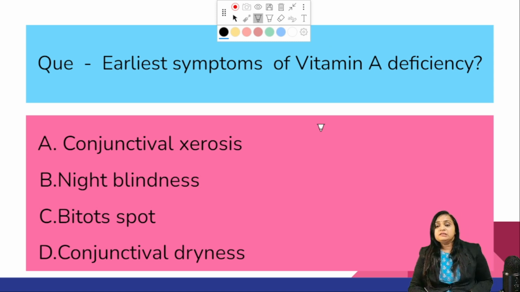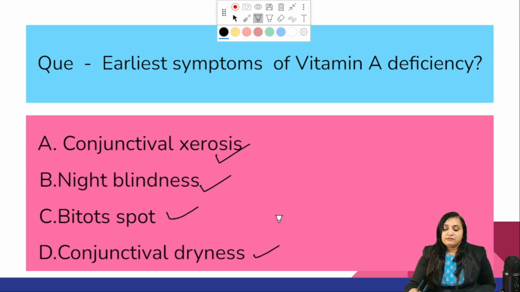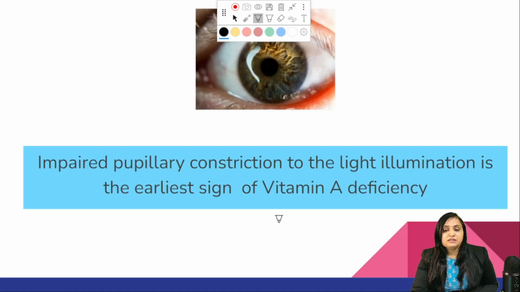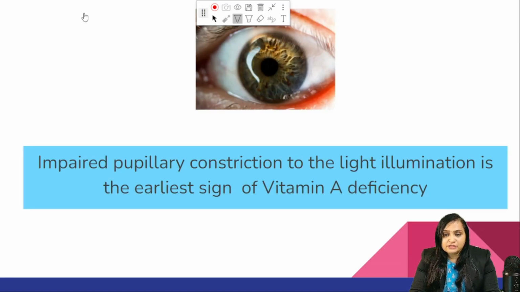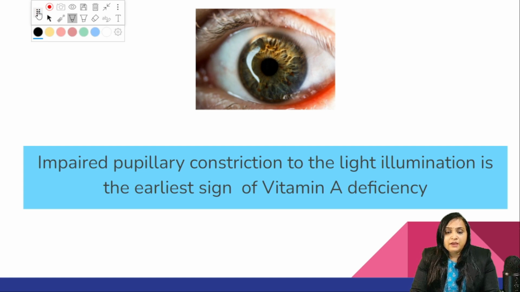So the earliest symptom of vitamin A deficiency is night blindness, while impaired pupillary constriction to light illumination is the earliest sign of vitamin A deficiency.